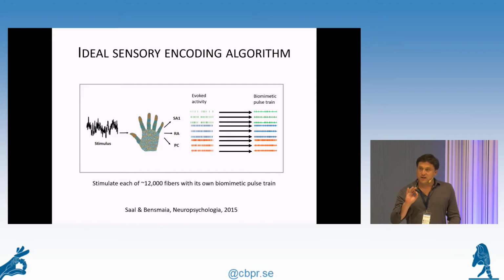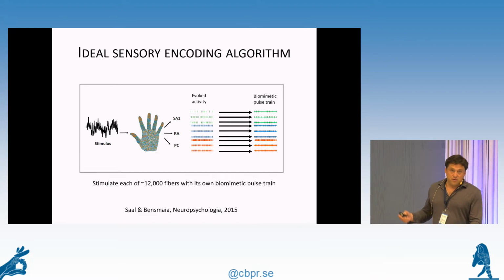Activate each of these fibers precisely and selectively enough to reproduce that. So there's a scientific challenge of knowing what you want the nerve to do, and a technological challenge of making the nerve do that.